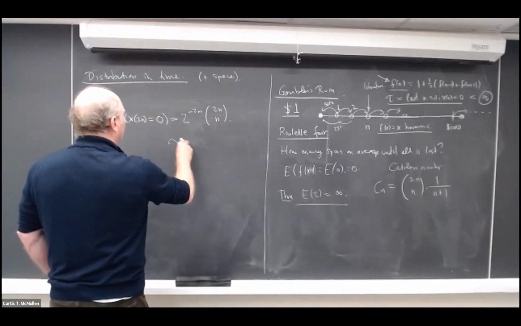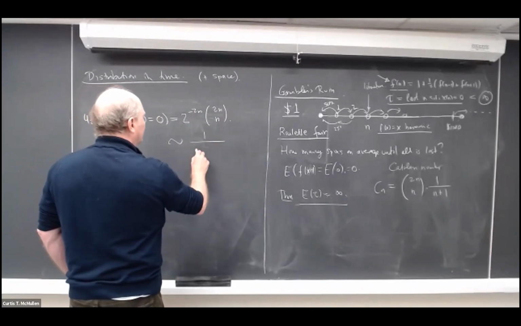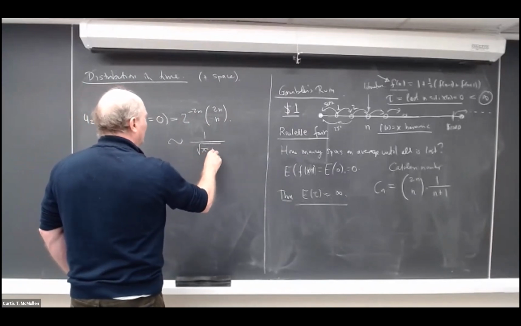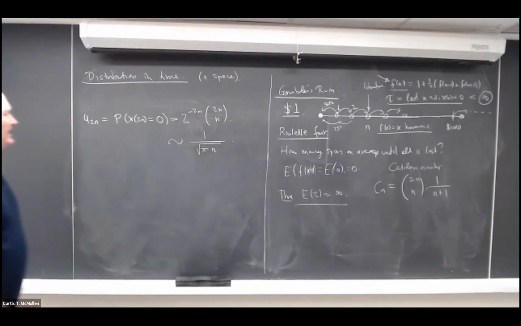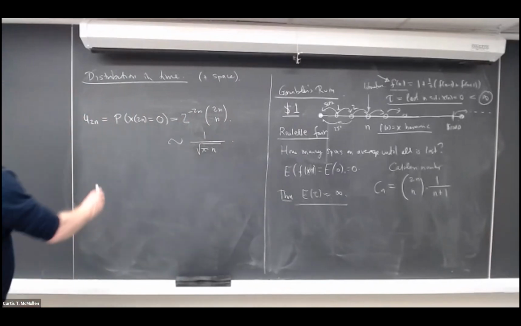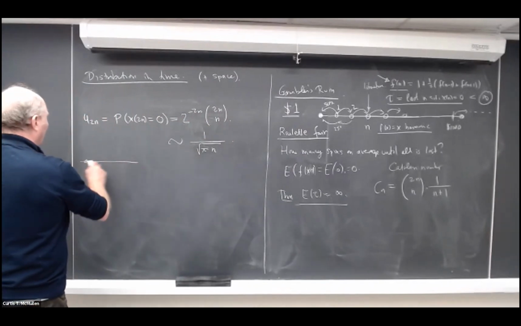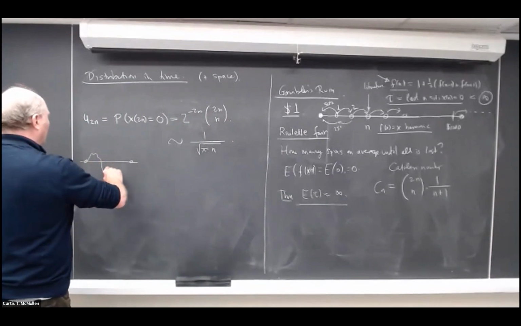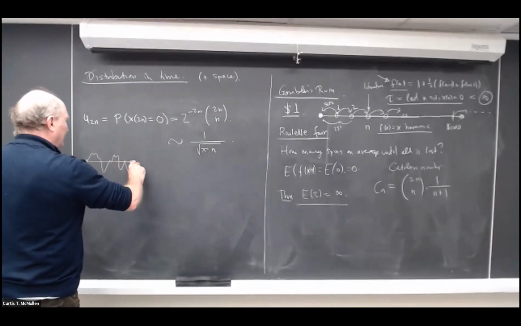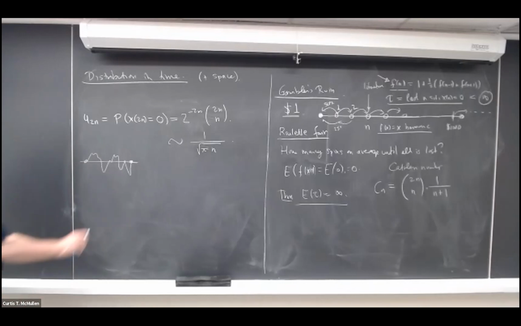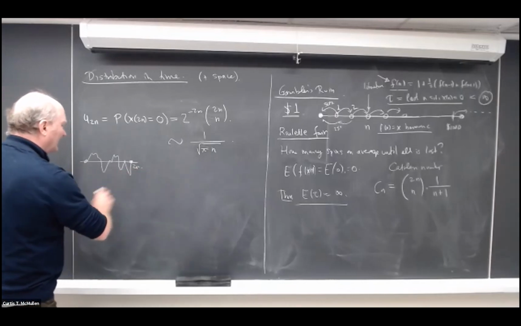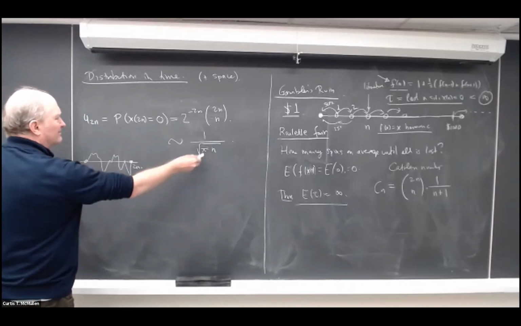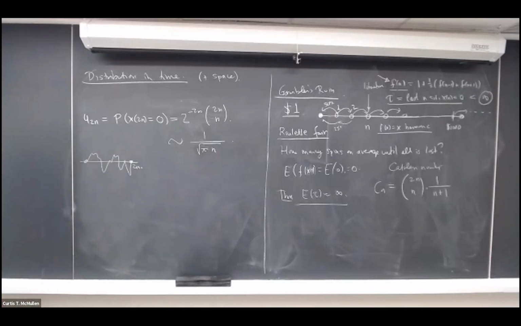And we proved when we studied recurrence that this is asymptotic to 1 over the square root of pi n. So we have a very good understanding of the probability that a random walk returns to the origin after 2n steps. It's pretty small, but it's not that small. It goes down like 1 over the square root of n.